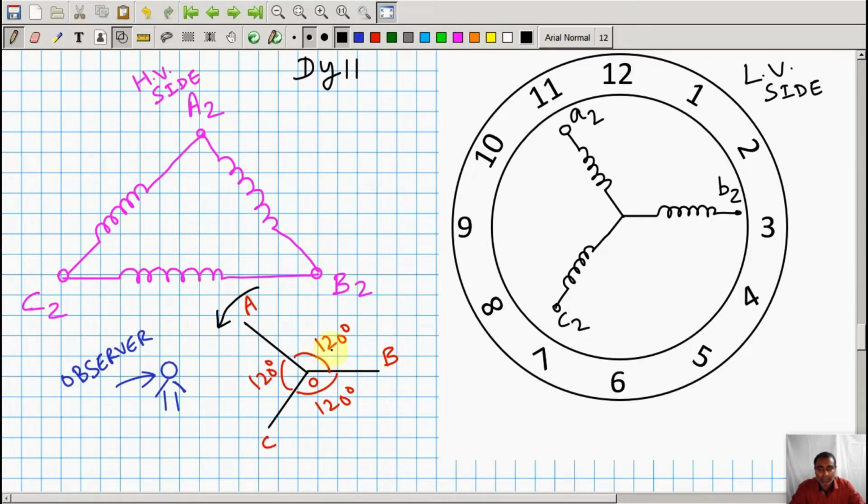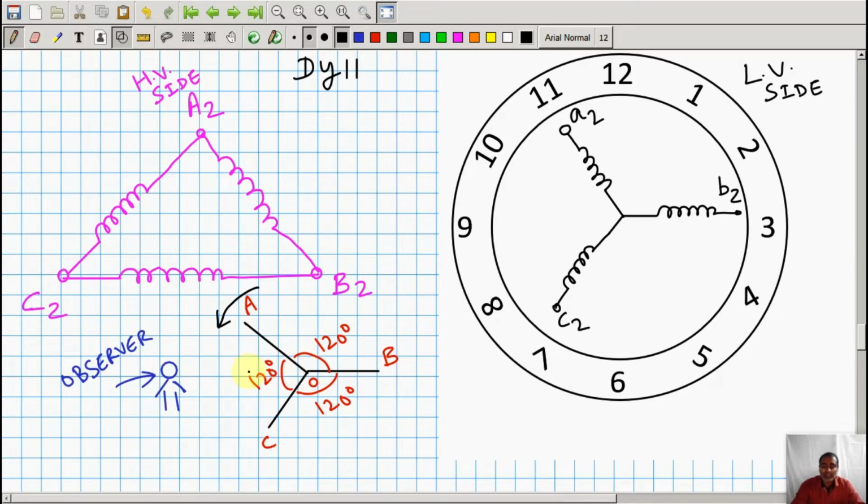So the observer should see first phasor OA moving past him or her, then after 120 degree later phasor OB, then another 120 degree phasor OC, because these 3 phasors are made in such a way that it is rotating as a cohesive unit. Point O is fixed and this thing is rotating.